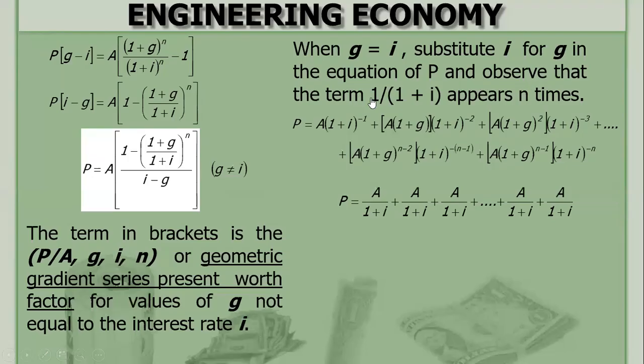And it's true that the term 1 over 1 plus I appears n times, in the last term too. So all you have to do is just multiply the term A over 1 plus I by n. And that would be our P: n times A over 1 plus I. So this is the formula if G is equal to I.